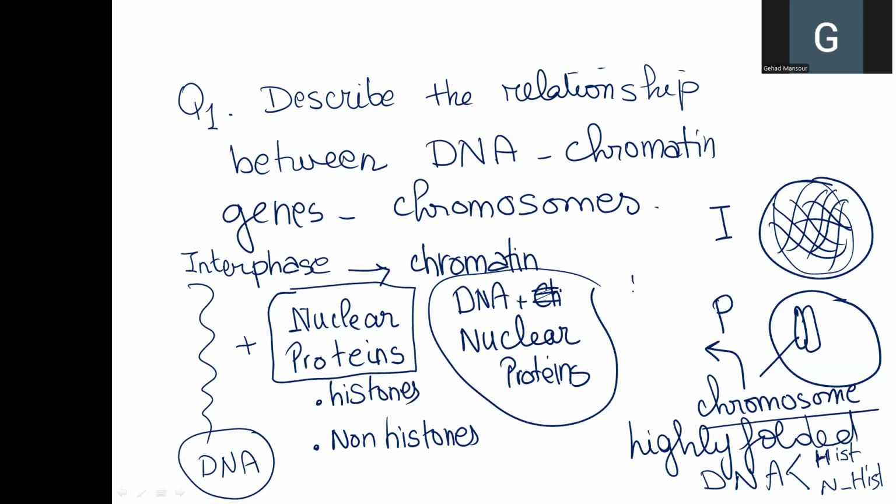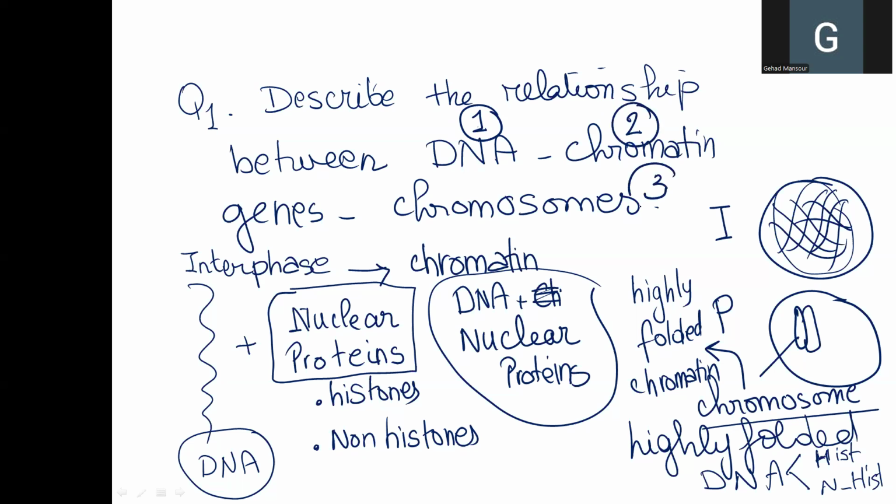So the chromosome is actually a highly folded chromatin. So we start with a DNA molecule. This is number one. And then a DNA molecule plus histones and non-histones result in chromatin first, and then in very condensed chromatin, which are the chromosomes. So what are the genes? The genes are actually parts of the chromosome.